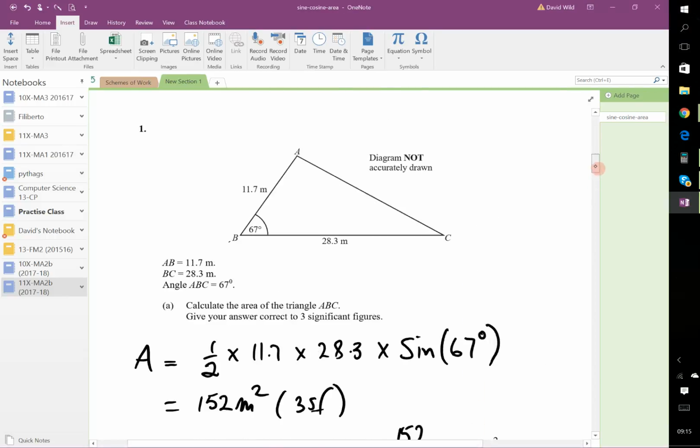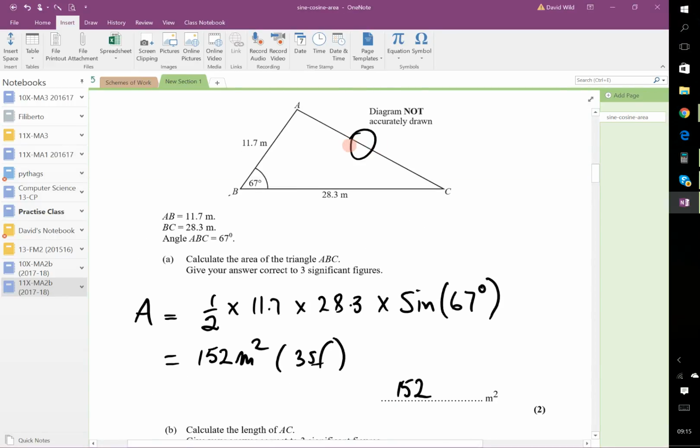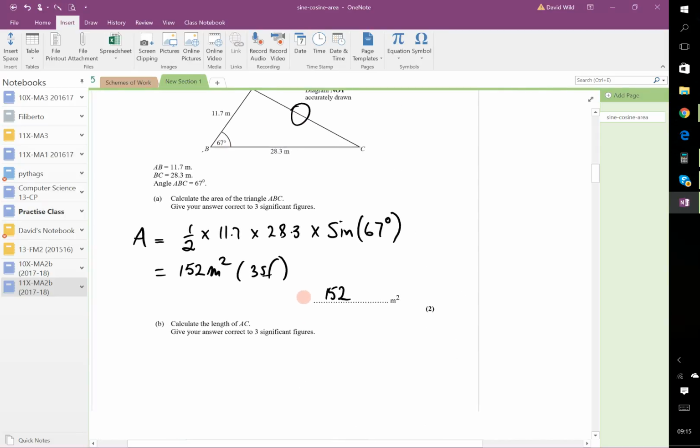Now calculate the length of AC, so this is this one here. We don't have a pair of angles on opposite sides, so we need to use the cosine rule for this question.